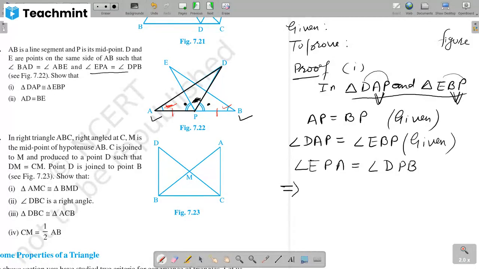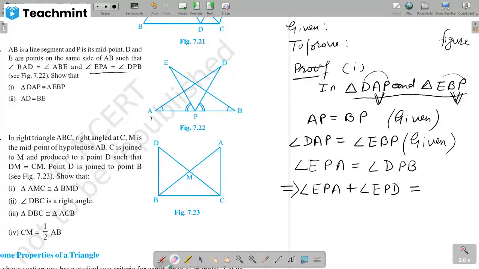But in EPA, we want to add this one, EPD. So we will add this angle to both sides. In the RHS also we will add this one. Why is there a need to add this one?